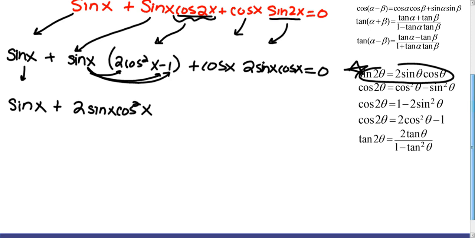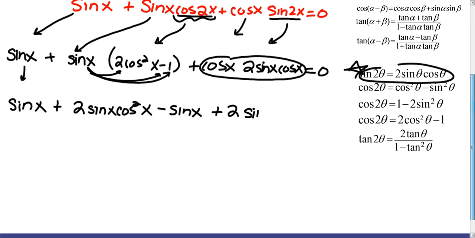Sine x times -1 is negative sine x. Then when I clean this quantity up, you're not distributing it because there are no addition or subtraction signs in there. So you're just going to multiply that out, but clean it up and make it a little bit prettier. I would have 2 sine x cosine squared x there equals 0. All right, we're getting there, you guys.